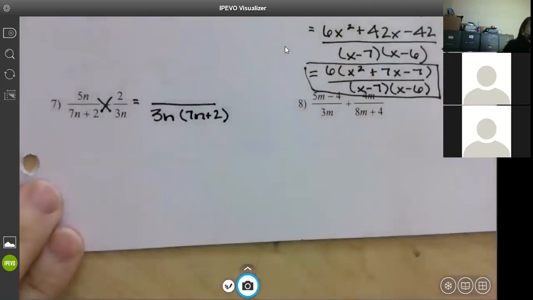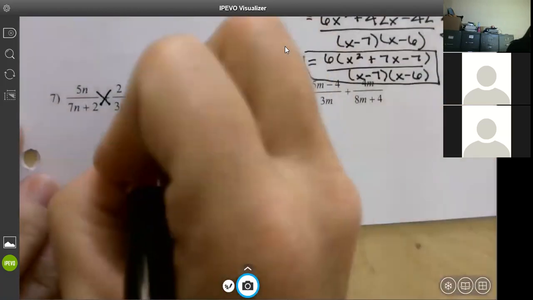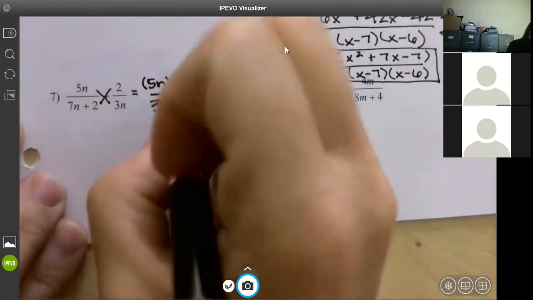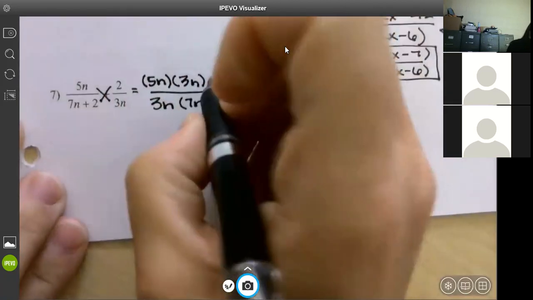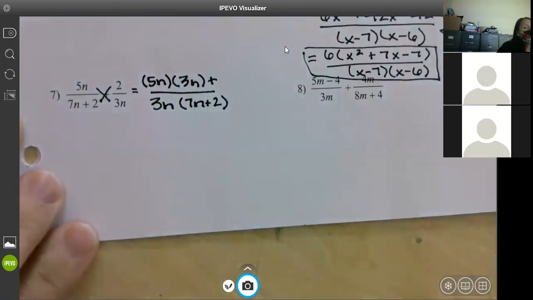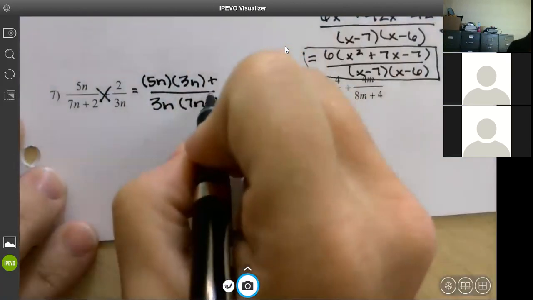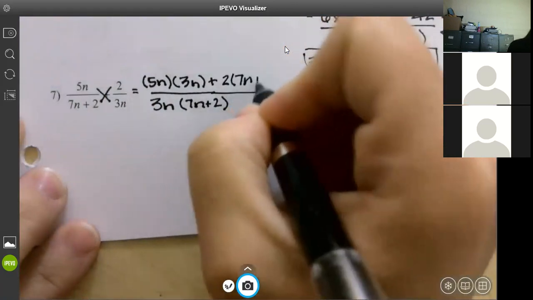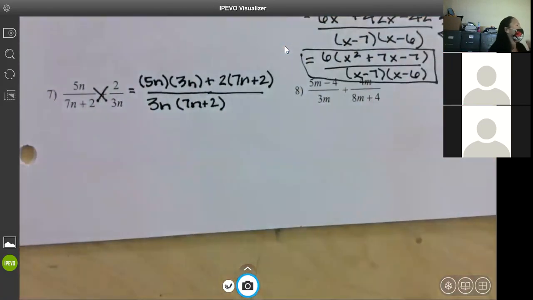Cross multiply. What's going to come first? I'm going to write it out though. I'm going to multiply 5n and 3n first. There's a plus between. And then what am I going to multiply? 7. And I just put my 2 in the front again because it just looks a little better. Either way, it's fine.